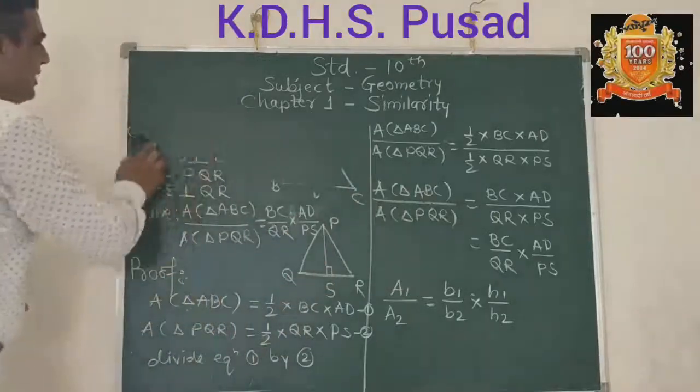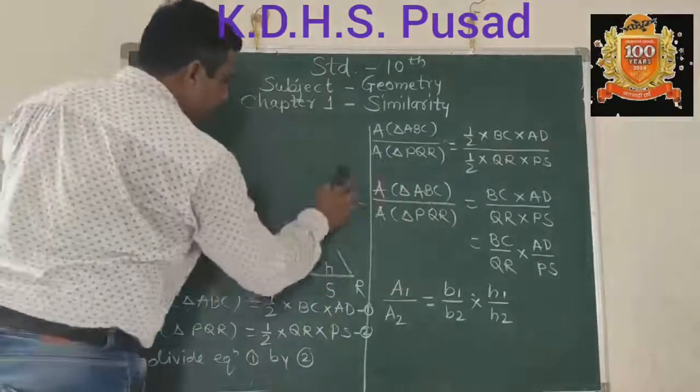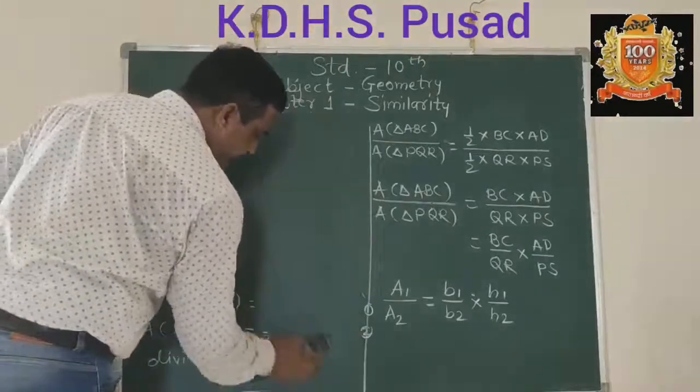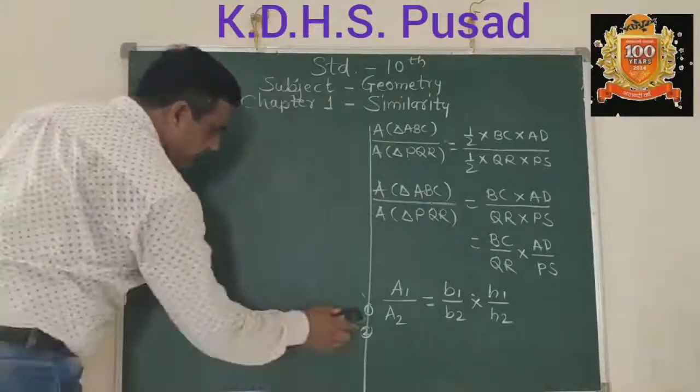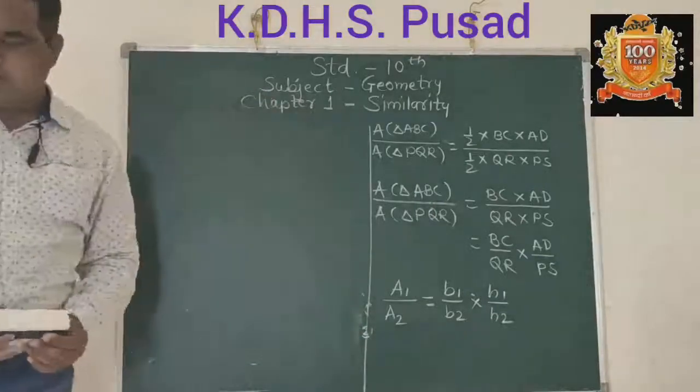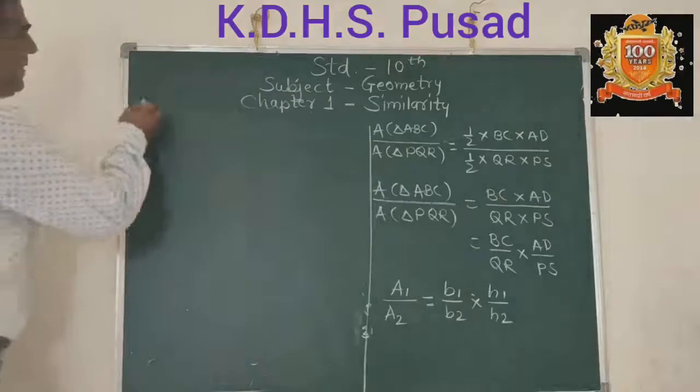Now, based on property 1, we will consider property second. We will not consider the proof of that one. Just directly from this proof, we will find out that proof. Now here property second.